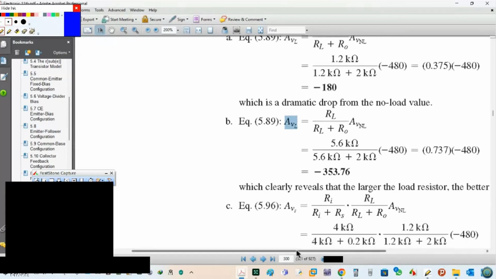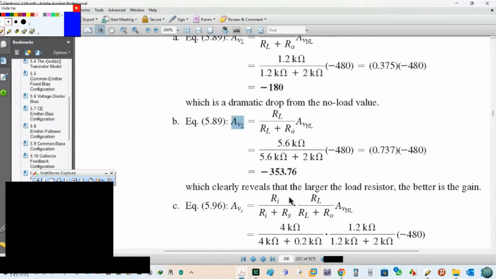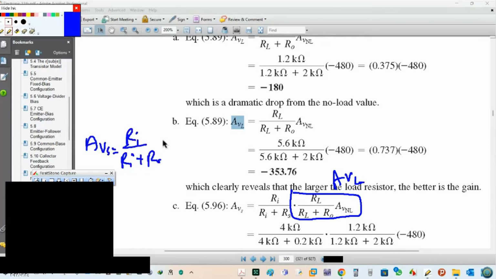AVS is this one. It is ZI with AV load. This is AV load. I can use two formulas for this one. So I can write AVS equals Ri over Ri plus Rs multiplied by AV load.